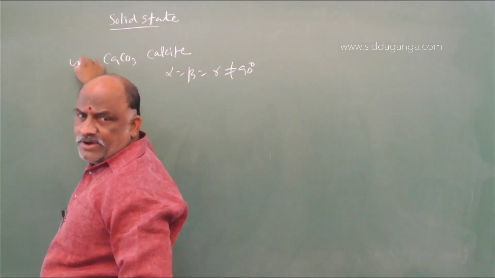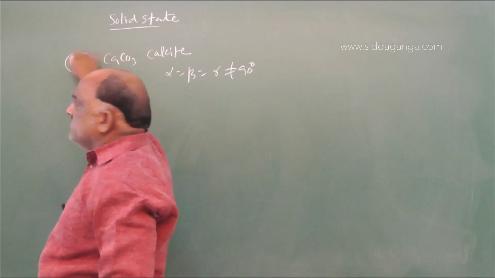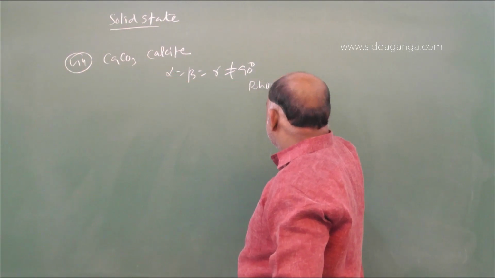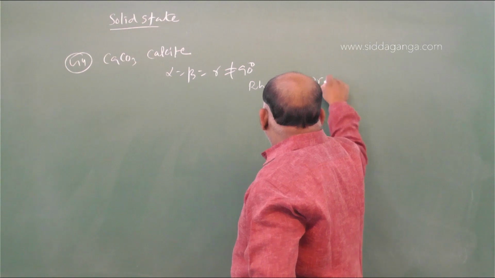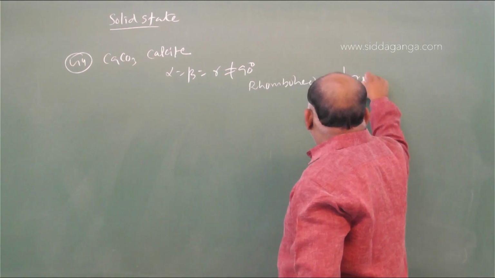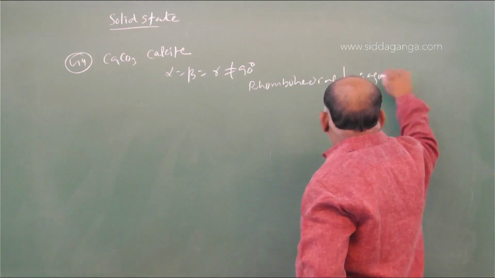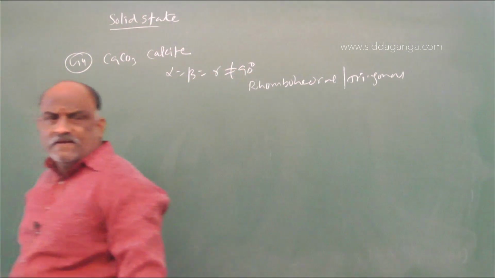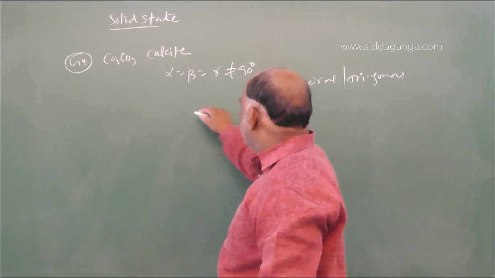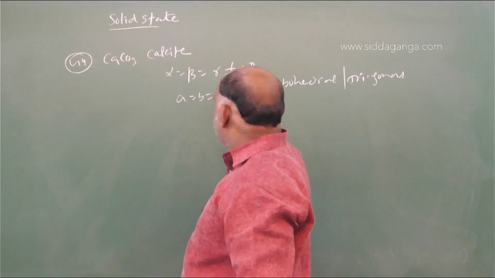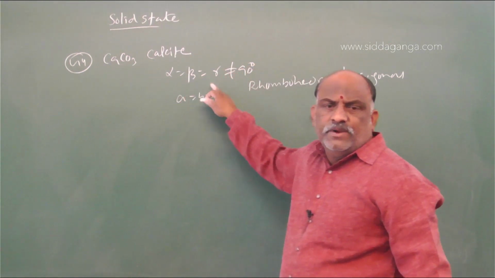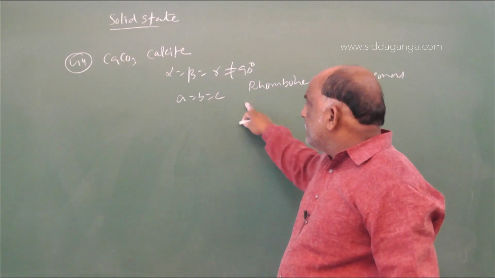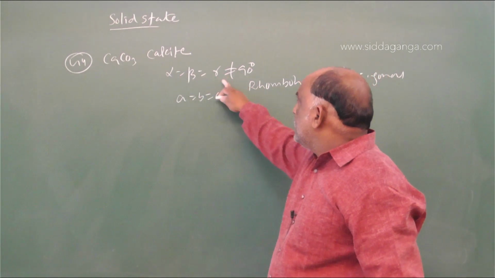Question number 44. This is said to be rhombohedral dimension, as per the textbook it is rhombohedral or trigonal. Trigonal dimensions are rhombohedral dimensions. In this rhombohedral or trigonal, a is equal to b is equal to c, alpha is equal to beta is equal to gamma not equal to 90.